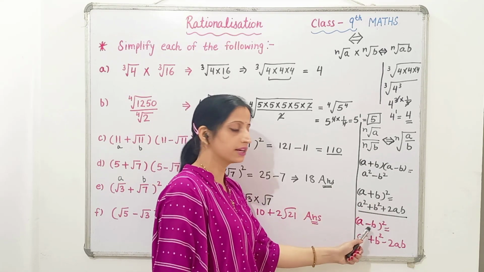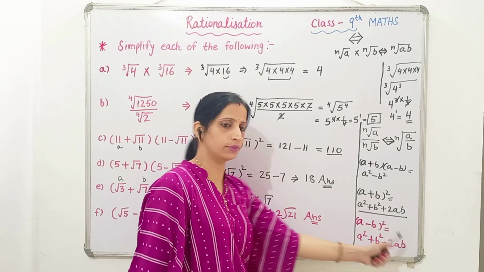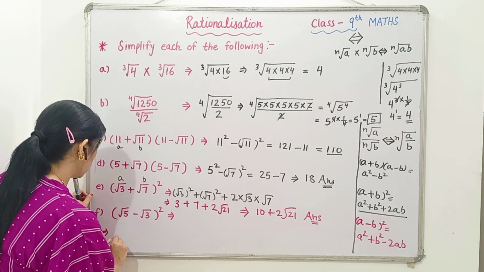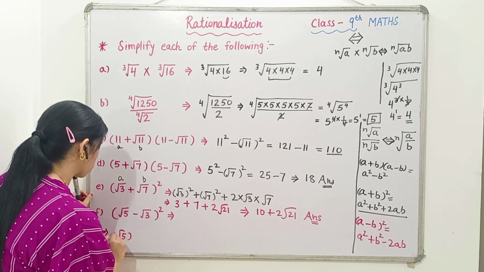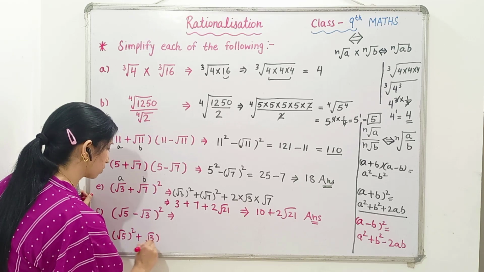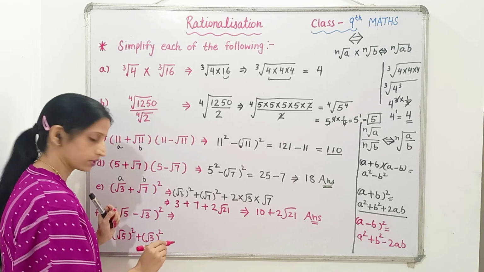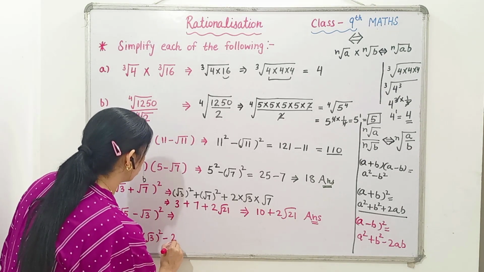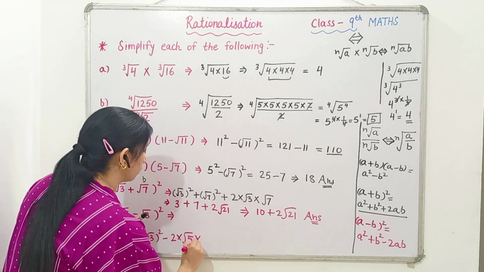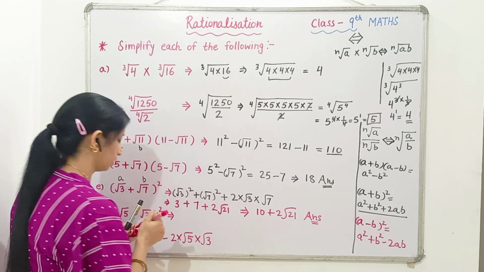Whenever it is minus, we will use minus 2ab. Now let's solve this question. Root 5 square plus root 3 square, minus 2a and b is root 3.